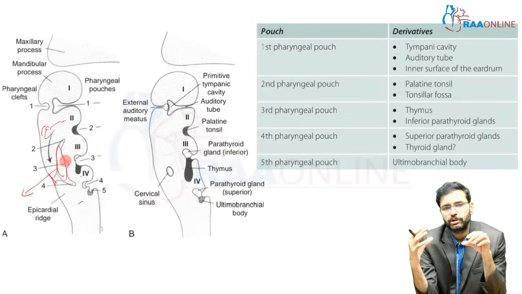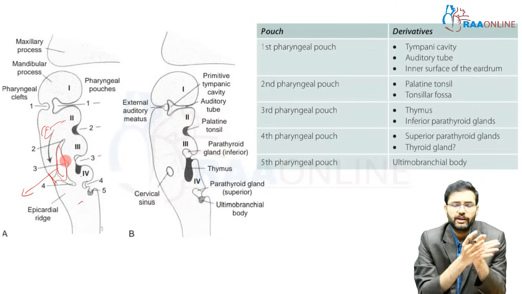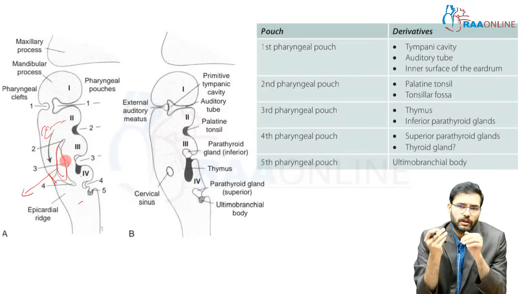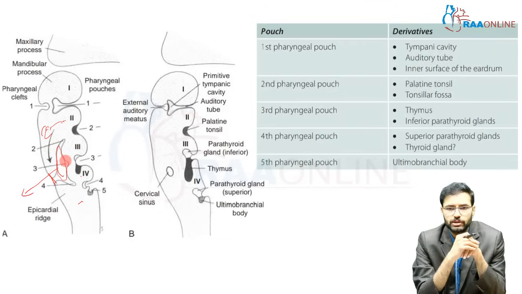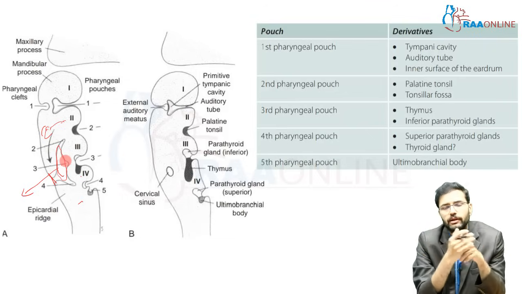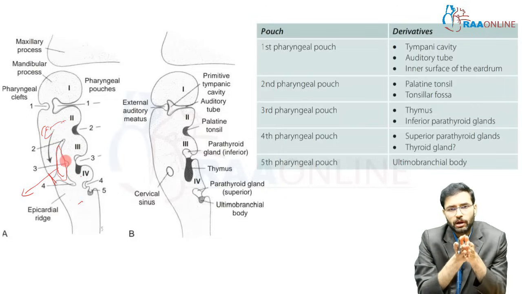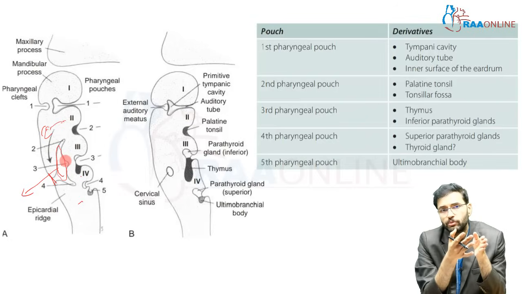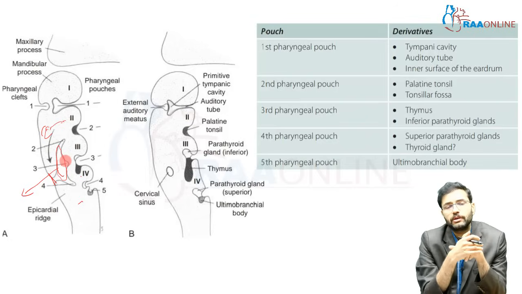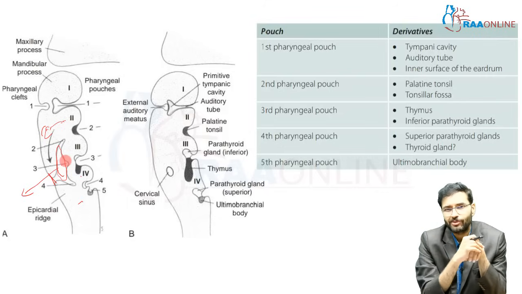One end of the tubotympanic recess gives rise to the medulla, the other end gives rise to the eustachian tube. Similarly, the second pharyngeal pouch again has a ventral wing and a dorsal wing. The dorsal wing contributes to the development of the tubotympanic recess. The ventral wing gives rise to the palatine tonsil and the tonsilla fossa.